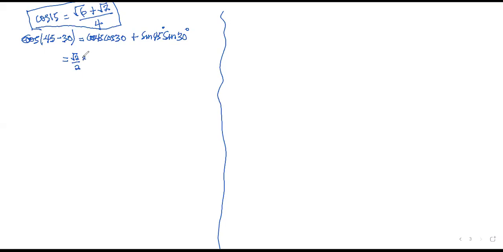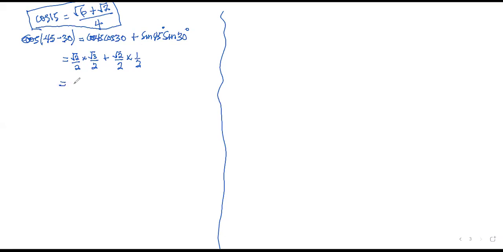Cos 30 is root 3 on 2. Plus sine 45 has the same value as cos 45, root 2 on 2. Sine 30 is half. Because of these standard angles, I could tell the values without punching the calculator.